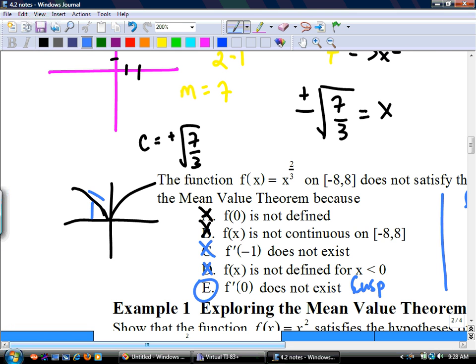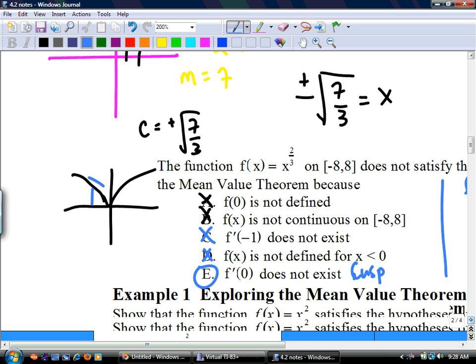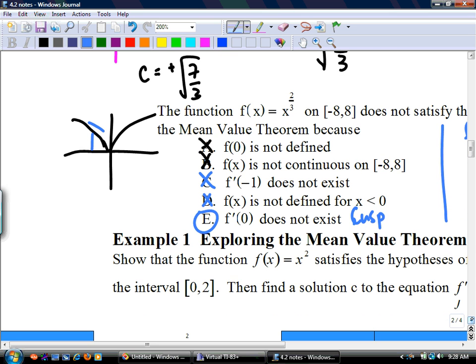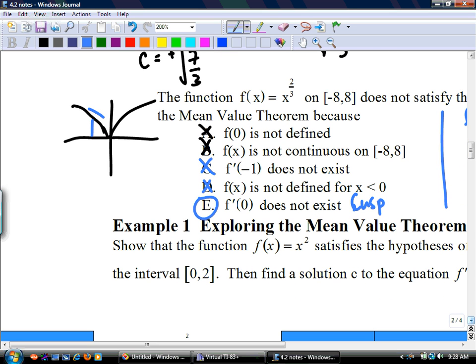Anyways, show that the function satisfies the hypothesis of the mean value theorem on the interval 0 to 2, and then find a solution for c. So you have to check things. First, you have to make sure that it's continuous. Second, you have to make sure that it's differentiable.